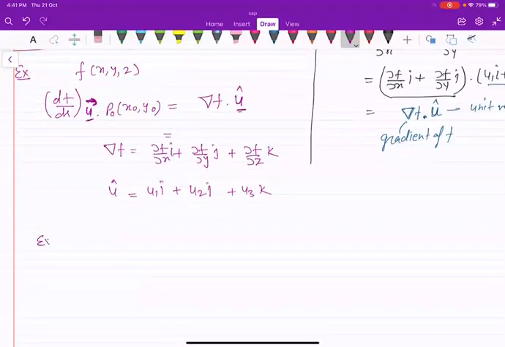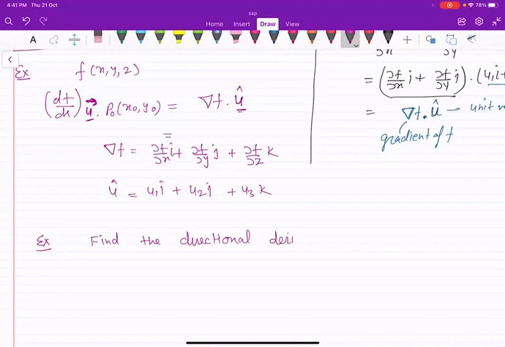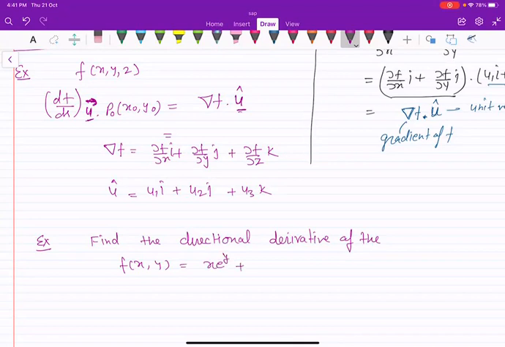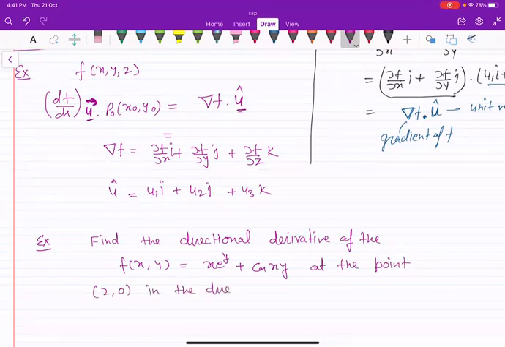Okay. One more example we are doing. Find the directional derivative of the function f(x, y) equal to x e raised to y plus cos xy at the point 2, 0 in the direction of a.